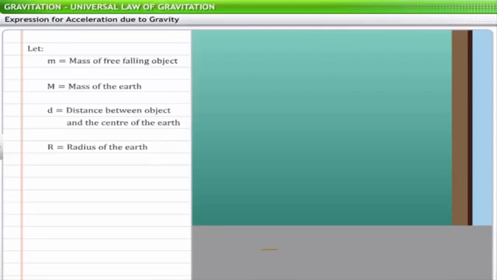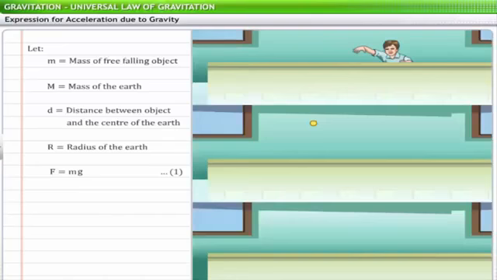Since the object is in free fall, the gravitational force F on the object is the product of its mass m and acceleration due to gravity g. Let's call this equation 1. The gravitational force F between the Earth and the free-falling body can also be calculated using Newton's universal law of gravitation. F is equal to G M m divided by d squared.